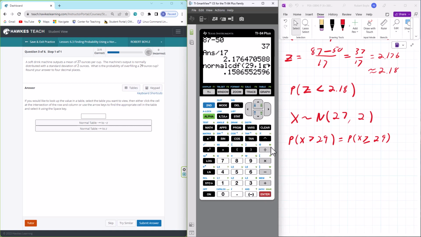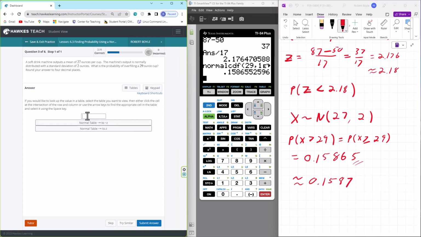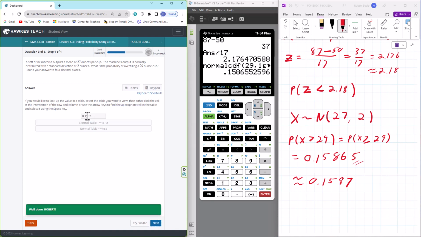And that gives us an answer of 0.15865. That's my 5th decimal place. So this should round to 0.1587. And there you go.